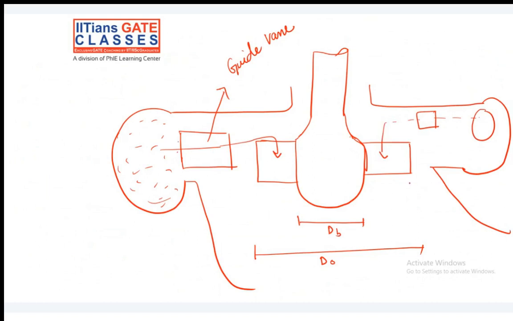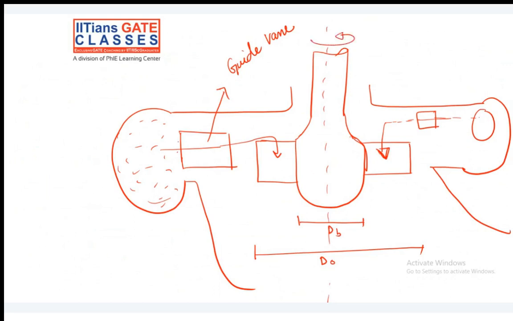Once the flow is established, we will have n number of blades fitted like this. So we can see that the water is entering in the axial direction. Yes or no? This is the axis of the shaft, and finally this will get rotated.